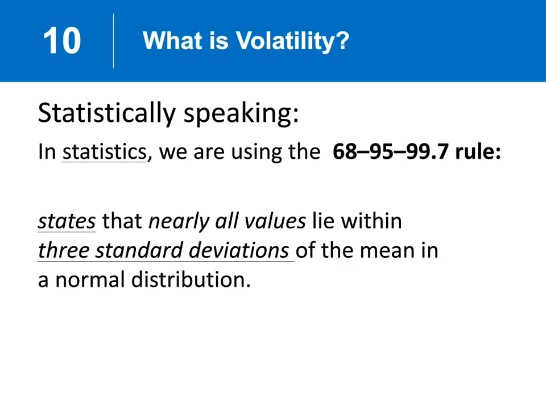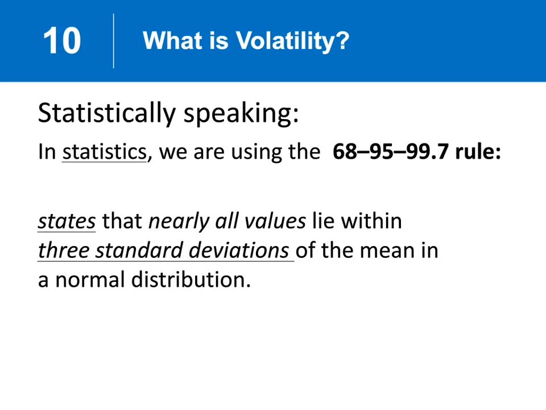In other words, what we've seen in the past, empiricism. Or a lot of statisticians use the 3 sigma rule. Why? Because there's 3 percentages there: 68%, 95%, and 99.7%.